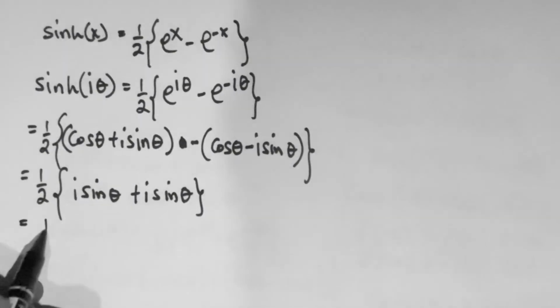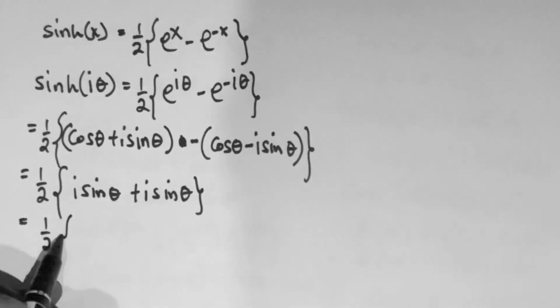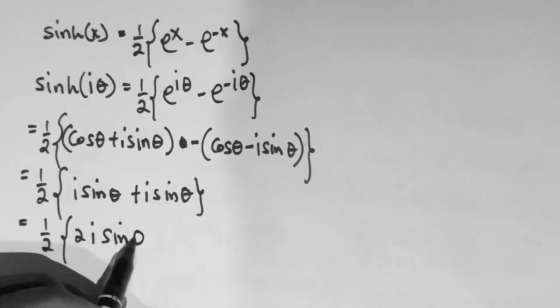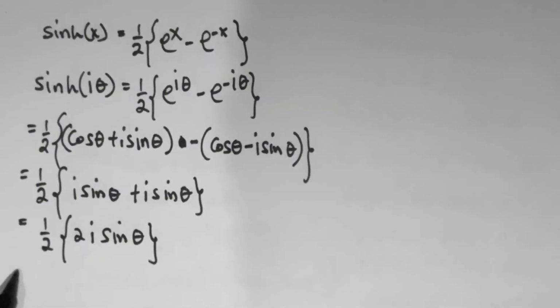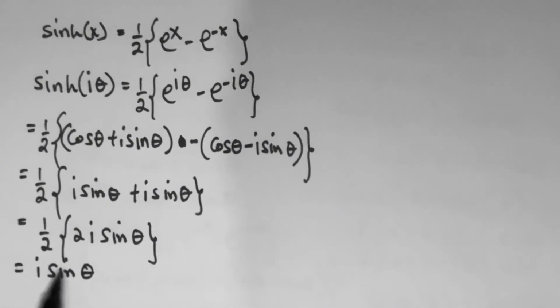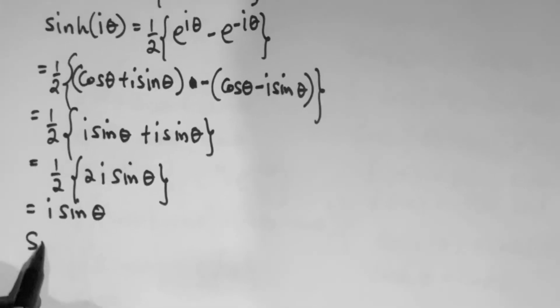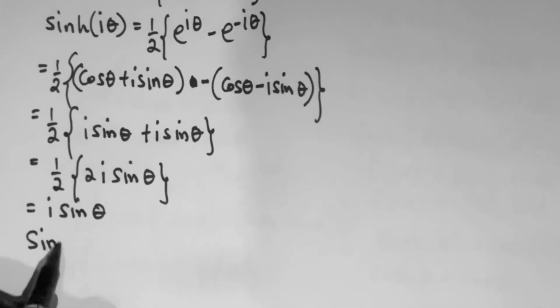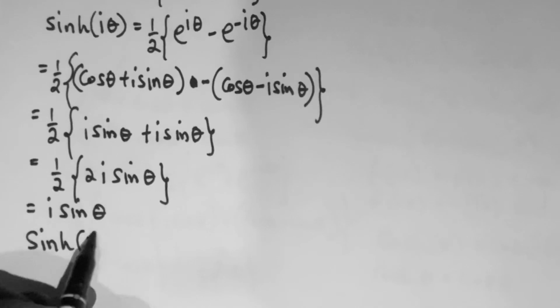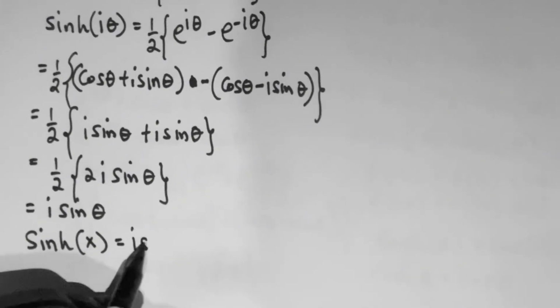So this is equal to half of 2i sine theta, and half of 2i sine theta is the same as i sine theta, and that is exactly what Osborn's rule says, that hyperbolic sine, let's say x, is equal to i sine x.